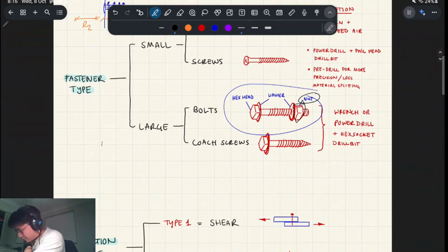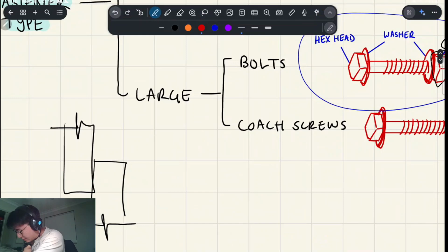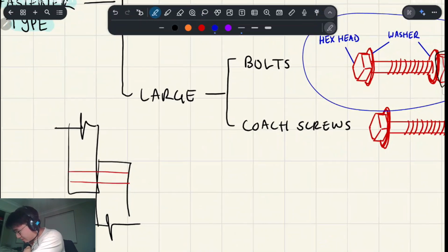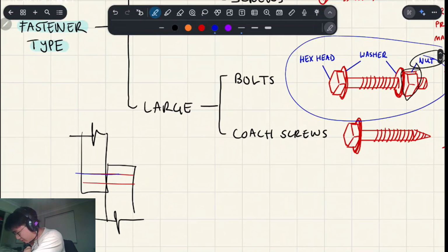So if you have two bits of material that you want to bind together, and we have a hole, because this one doesn't have the sharp bit, you can't really drive it in without pre-drilling the hole. So you need to pre-drill the hole. Now you've got a hole open, and then you have the bolt go through, like that.